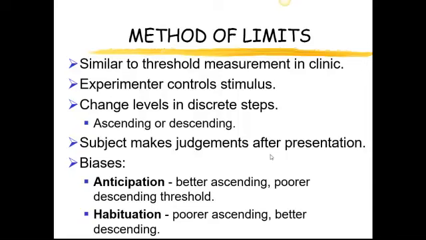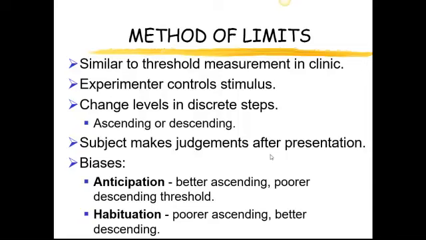And the method of limits is similar to the threshold measurement that you're probably used to using in the clinic. The experimenter controls the stimulus just like the clinician controls the stimulus in the clinic. And the levels are changed in discrete steps. So we do that as well in the clinic.